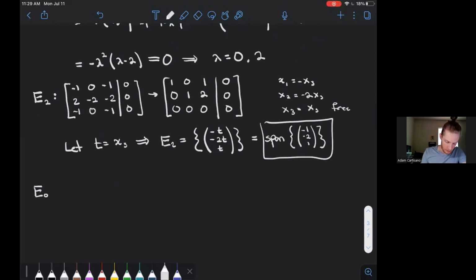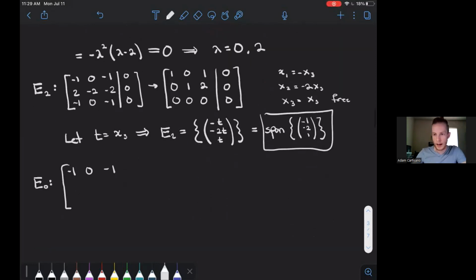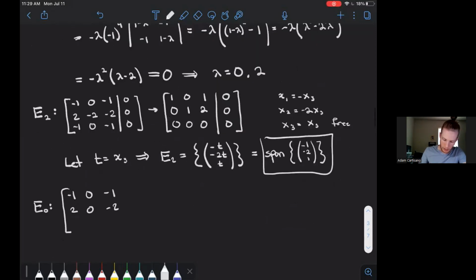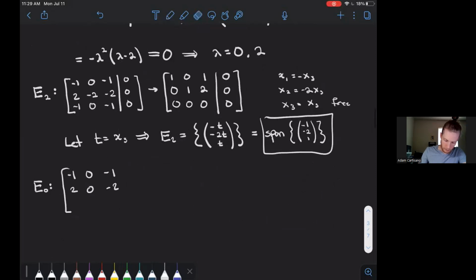Great, now let's compute E0. So this will be interesting. Our matrix is going to look like -1, 0, -1. A minus 0i is just A. So it's 2, 0, -2, and then -1, 0, 1, like this.